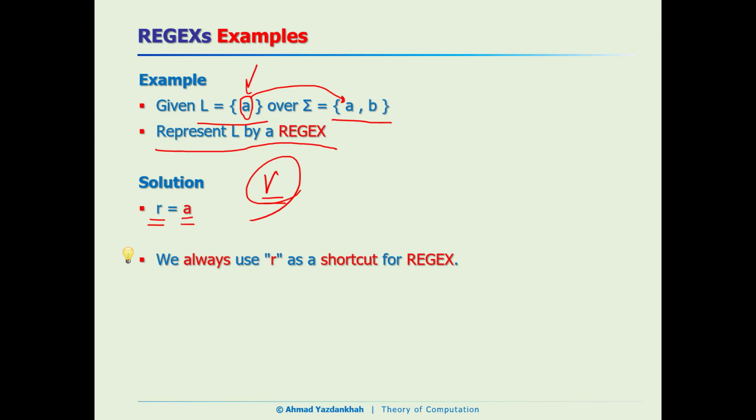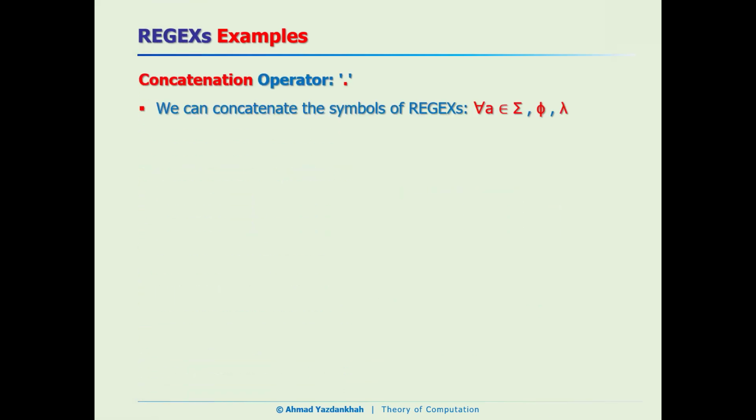We just learned how to write the regex for all languages whose strings are only one symbol. And theoretically, we know that we have infinite languages like this because we have infinite kinds of symbols, right? Our next example is about the concatenation operator, or just dot.